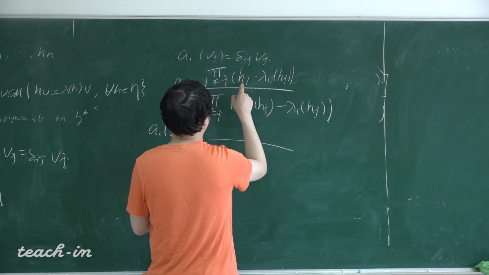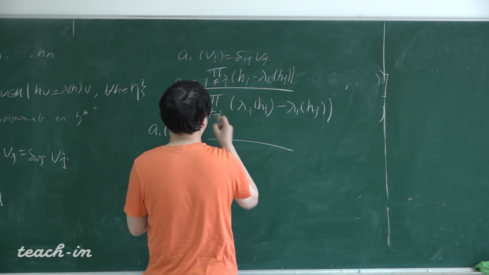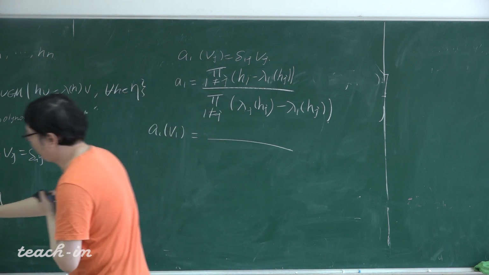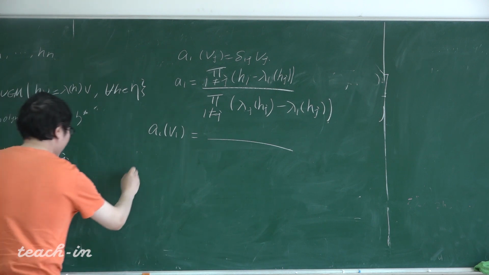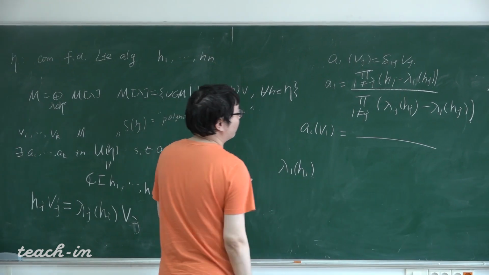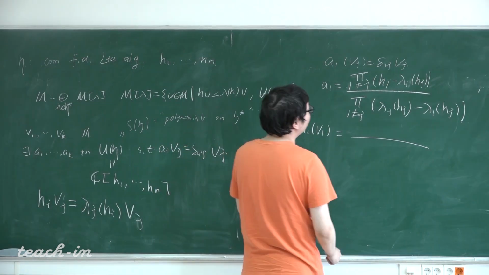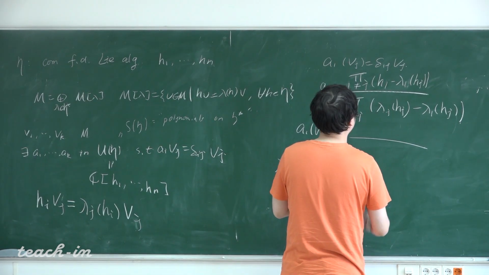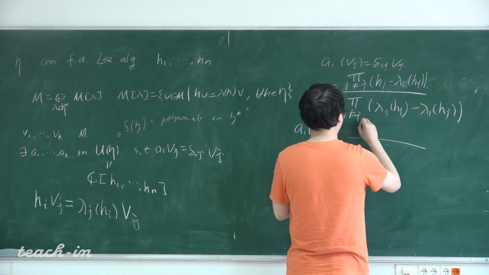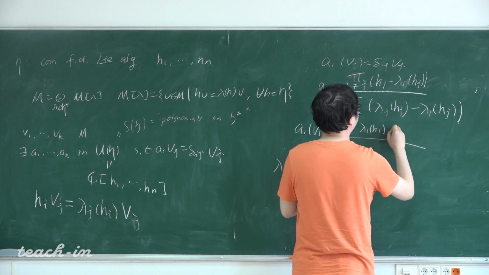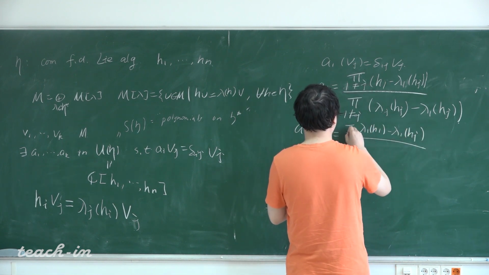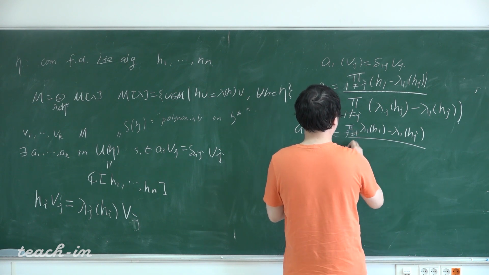So we have only H1 acting on V1, and H1 acting on V1 is lambda 1 of H1. So the thing we have is lambda 1 of H1 minus lambda 1 of H0.